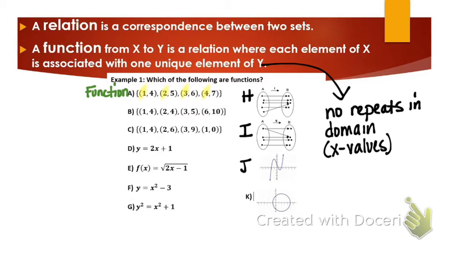In your homework, you have sets of relations. You have to determine which relations are functions. Go ahead and look at B and C and figure out if you think they're functions.